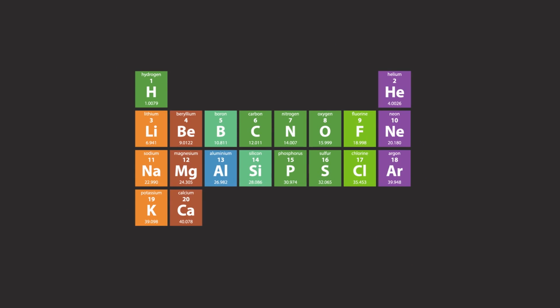Electrons do not simply fly around the nucleus randomly. Instead, they occupy specific levels called electron shells. Each electron shell can only hold a set number of electrons. The first electron shell can hold up to 2 electrons.